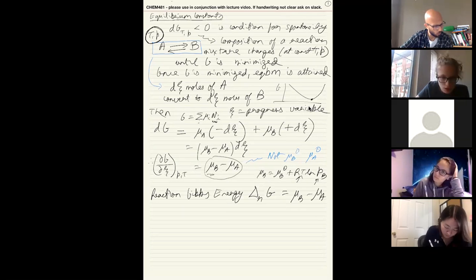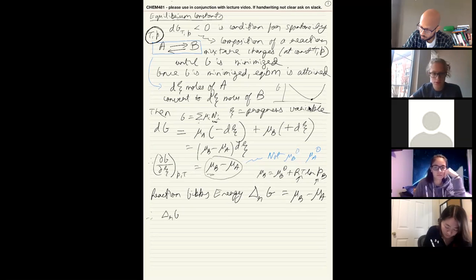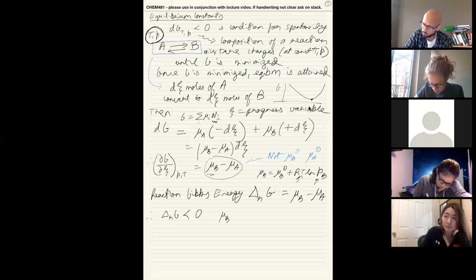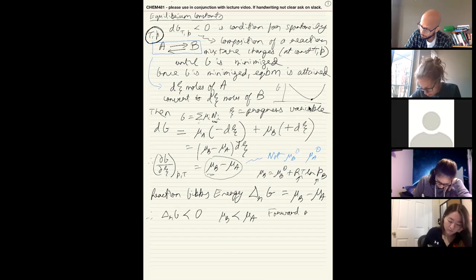So this shows us that if delta rG is negative, or mu B is lower than mu A, the forward reaction, A going to B, is spontaneous.